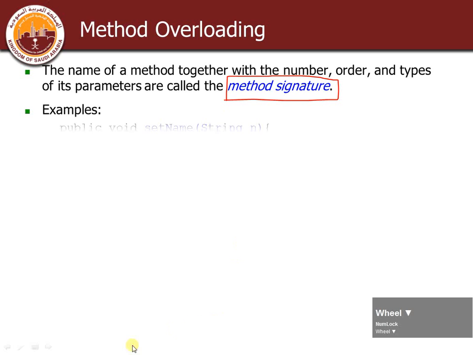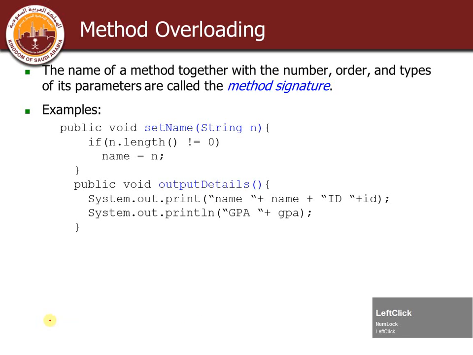What is the method signature? Just maybe a scary word. The method signature is the name of the method and how many parameters, what their data types are, and what their order is.